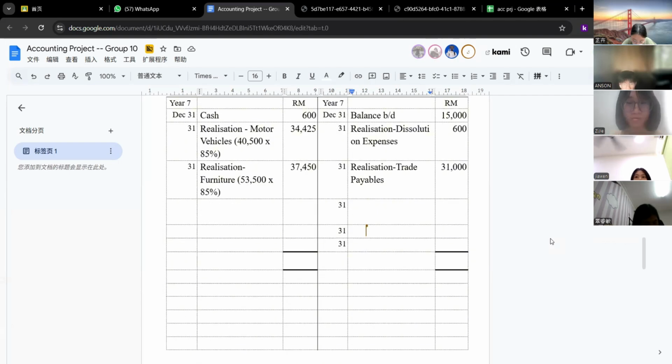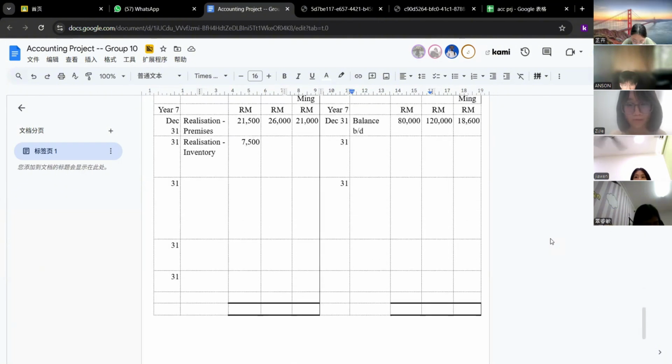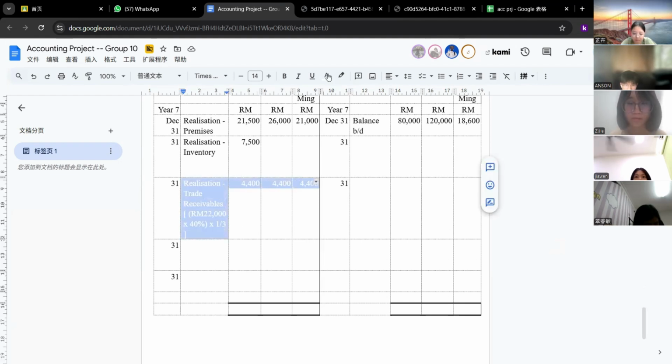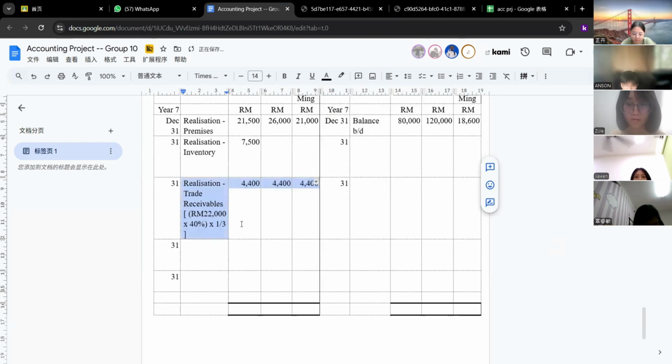Then we go to the capital account. Debit the amount of money left, which is 22,000 times 40% times 1 of 3. Then we can get 4,400 per person.